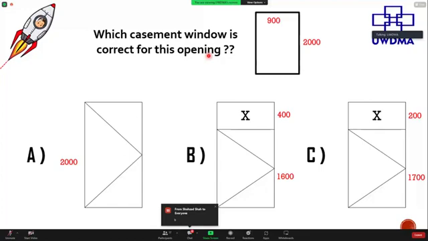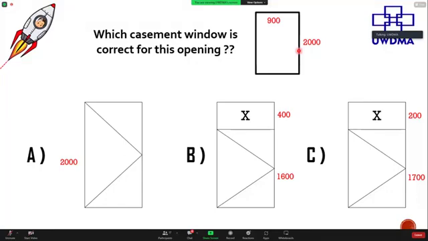Okay, so now let's dissect the answer. The opening is 2000 by 900 and it's a casement window. It's not a casement door. If it would have been a door, then of course we would easily have given A. But recently, if you remember, I've told you for a maximum height of 6 or 6.5 feet, we'll go with the window.